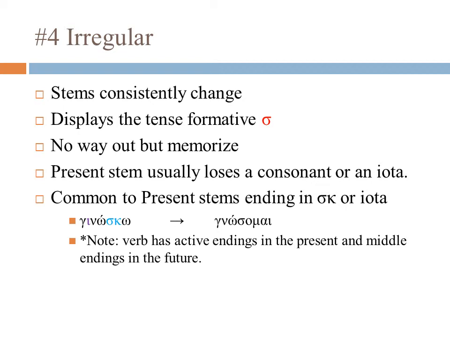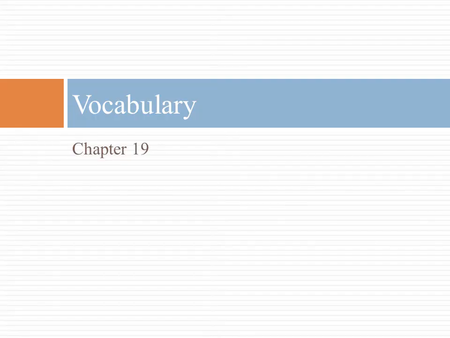What we're getting in the future is gamma nu omega, right? Ginosk is reduced to gno, which will be the stem throughout. So ginosko becomes gnosomai. And this is the word that gnosis comes from, or Gnostic. Just a note here, this verb has active endings in the present, ginosko, that omega, and it has middle endings, it is a deponent, in the future.